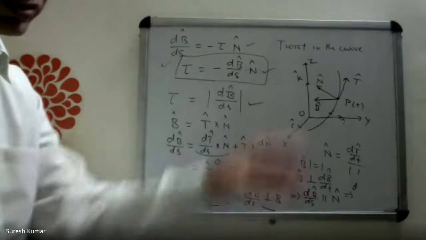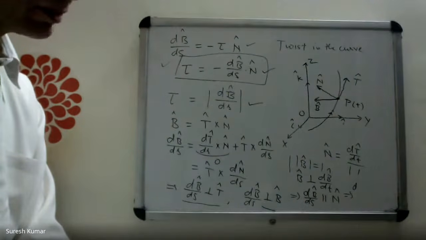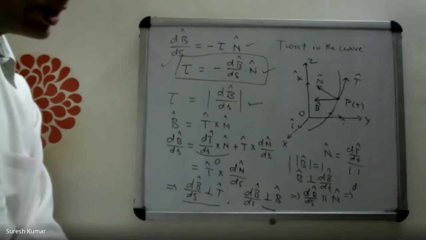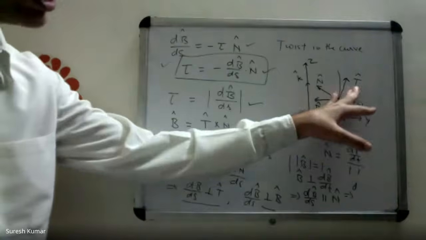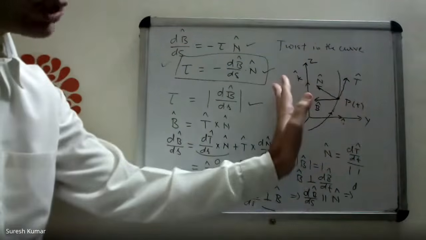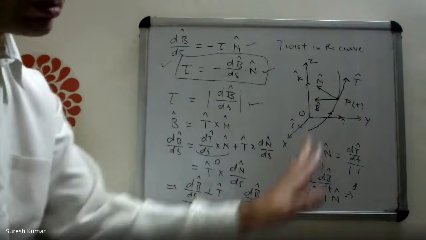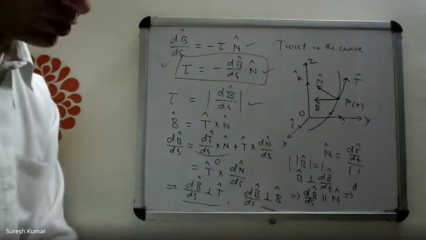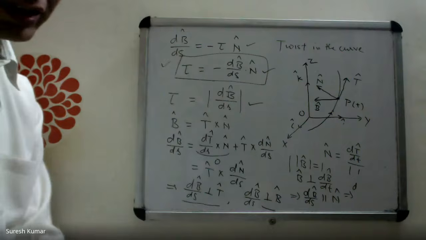So scientists use this frame called TNB frame. At every point of the path, there is a TNB frame. In TNB frame, there are three vectors. T cap decides the direction of motion. N cap tells whether the path would deviate to the left or right. And B cap tells whether the path leaves the osculating plane or not. I hope these explanations are clear.